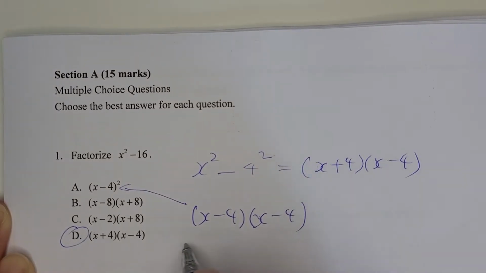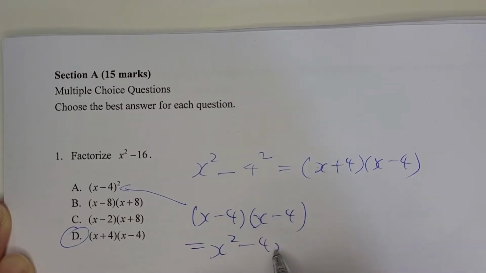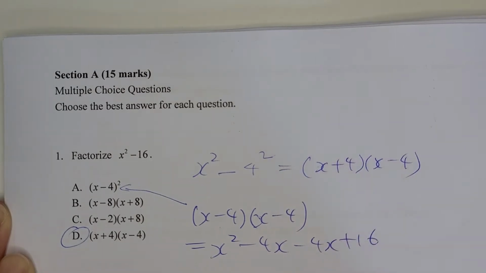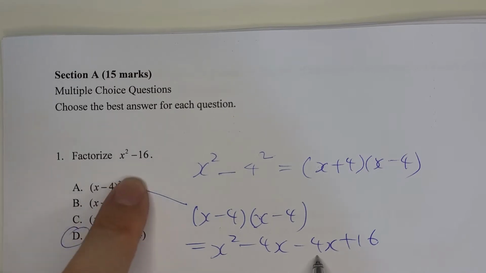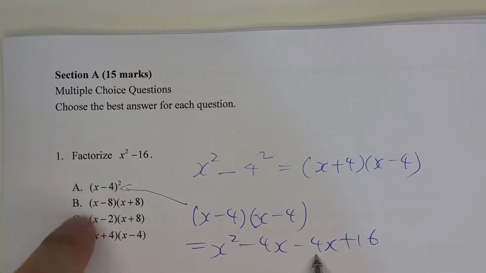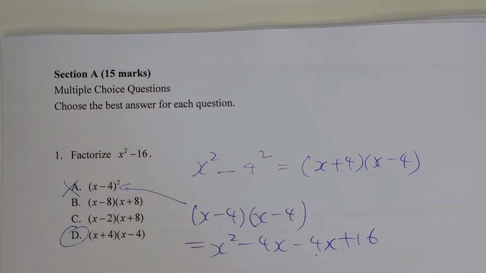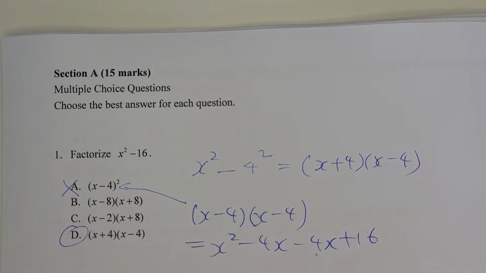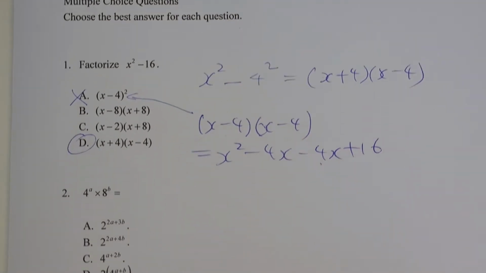So when you do the expansion, you will get x squared minus 4x minus 4x and then plus 16. So you will see that minus 4x and minus 4x are equal to negative 8x, which is not the same as the question. So A is not the answer, so do not mix up option A and option D. So this finishes question number 1.